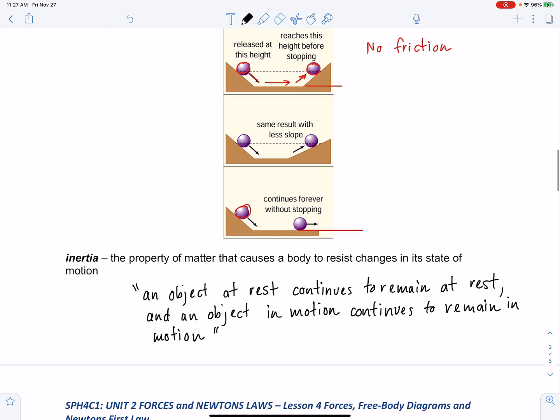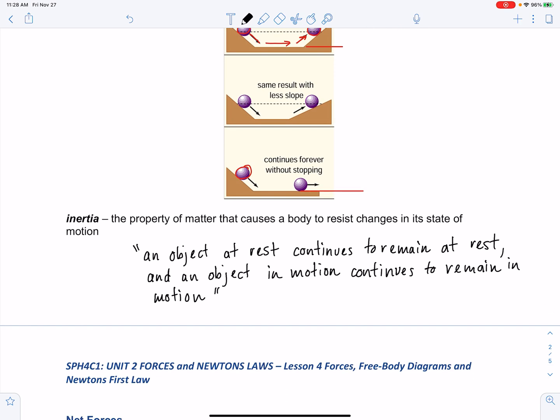This principle was discovered early on. It wasn't until a little bit later when Newton did some more work that he explained it with a lot more understanding. So your job is to understand the principle of inertia.